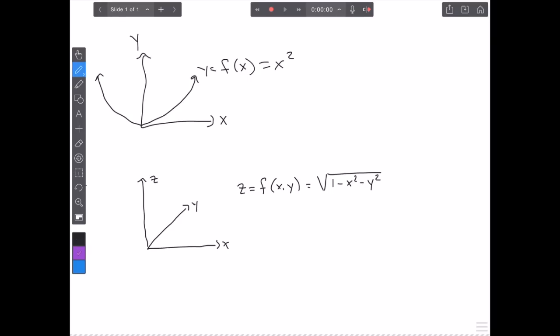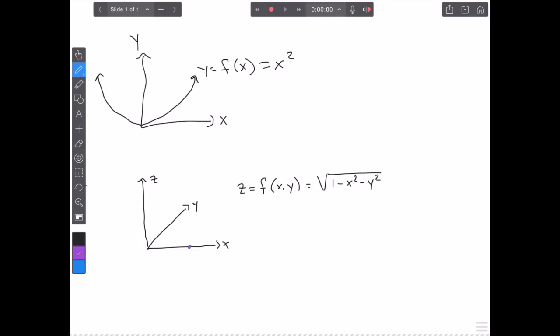Okay, so let's start thinking about some possible values of x and y and what would be the value of z. So if I choose x equal to 1 and y equals 0, you can see that when I plug those values into this function, I will get z equals 0.